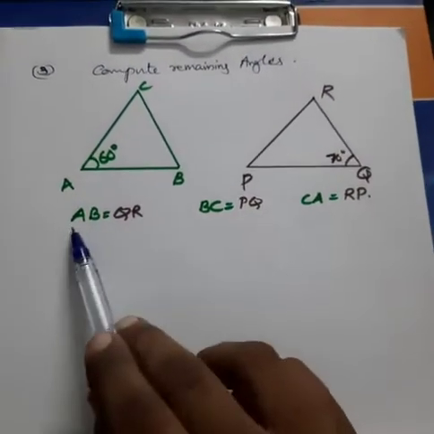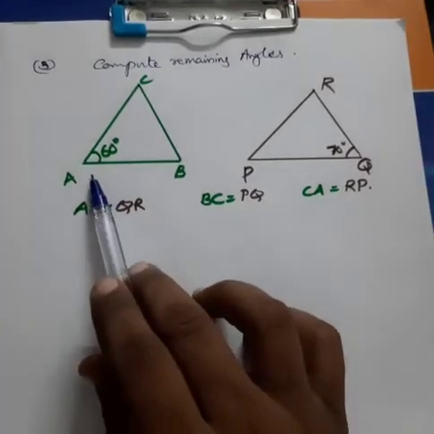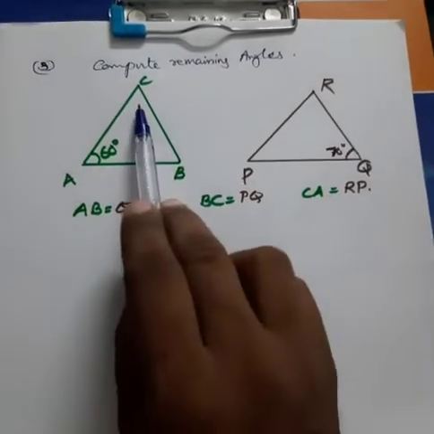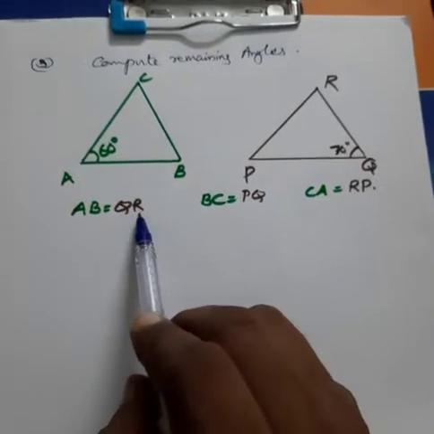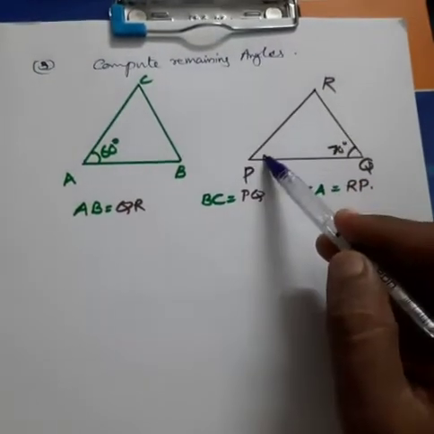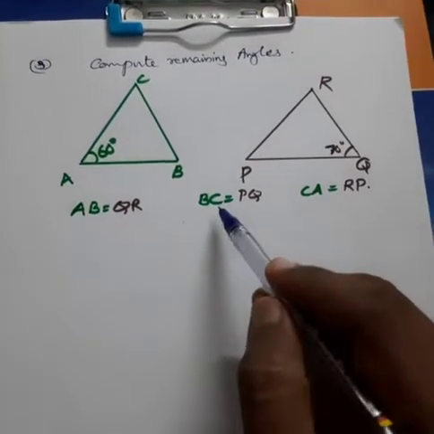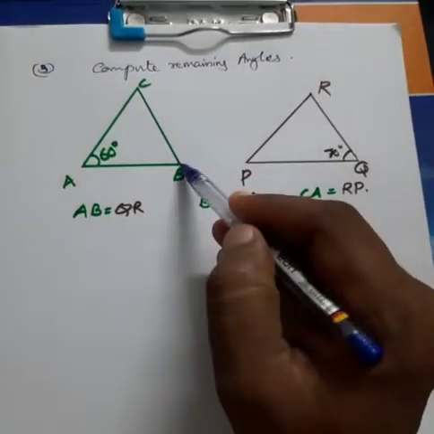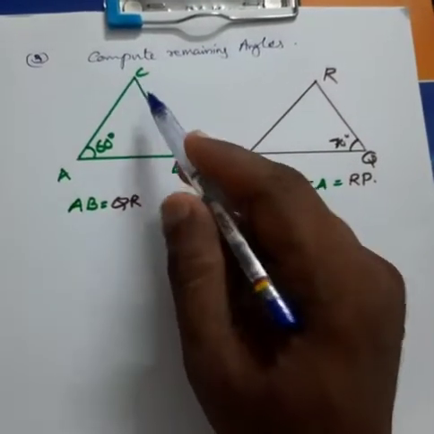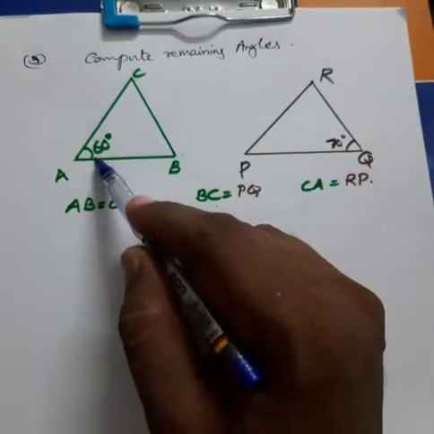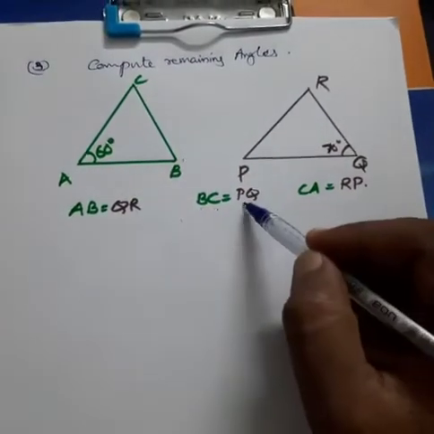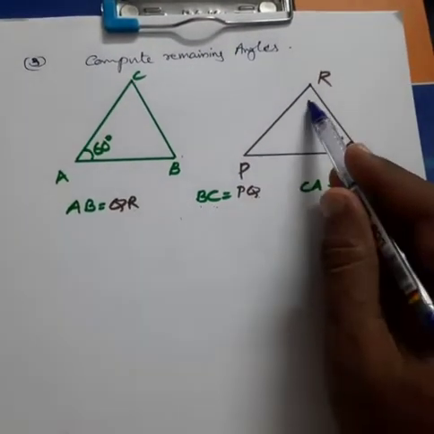See the sides AB. The angle opposite to AB is not given. The angle opposite to QR is also not given. See the second pair, BC. The opposite of BC is angle A, and for PQ it is not given.